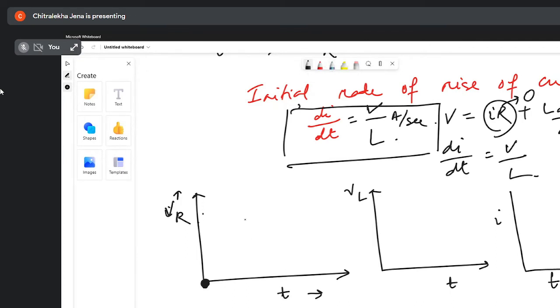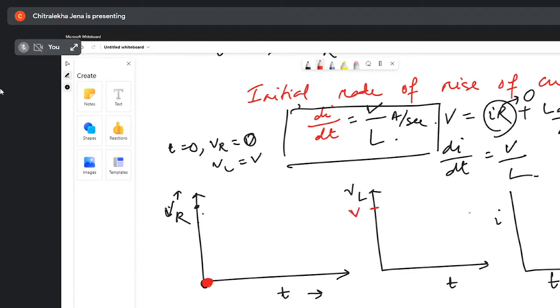So here what you will do: VR is equal to how much initially, at t equal to 0? What is the value of VR? See, VR is equal to how much? 0. VL will be equal to V. Understood? Not at T equal to 0, we will do that first. Look carefully. So initially my VR is equal to 0, then VL is equal to E. Yes or no?